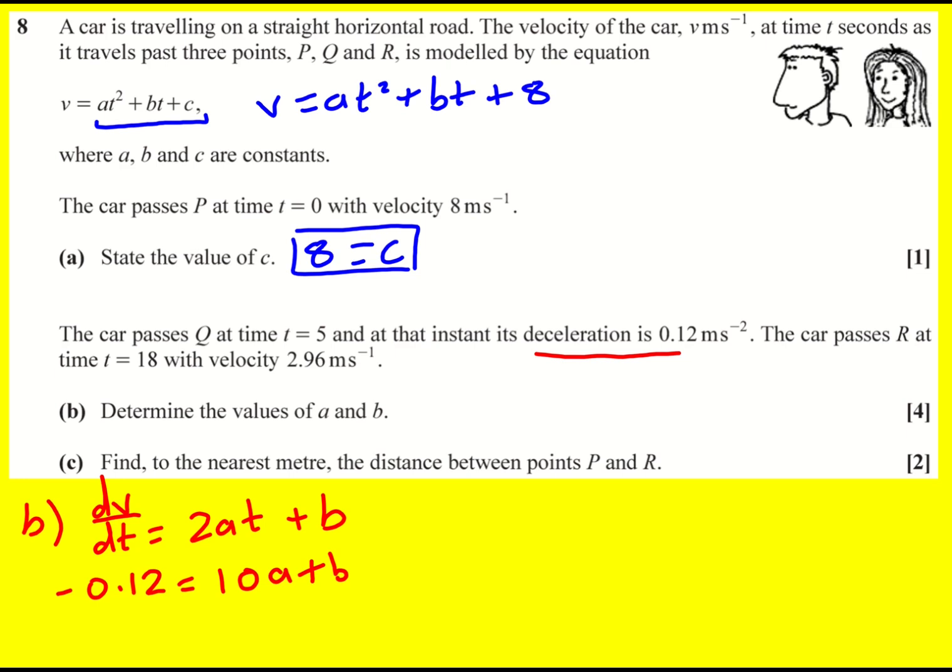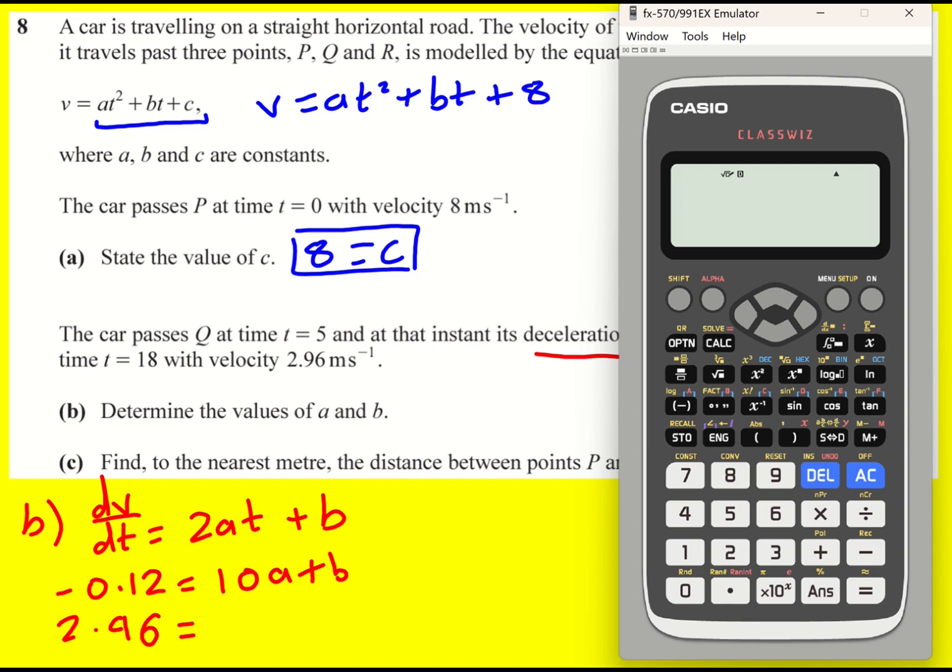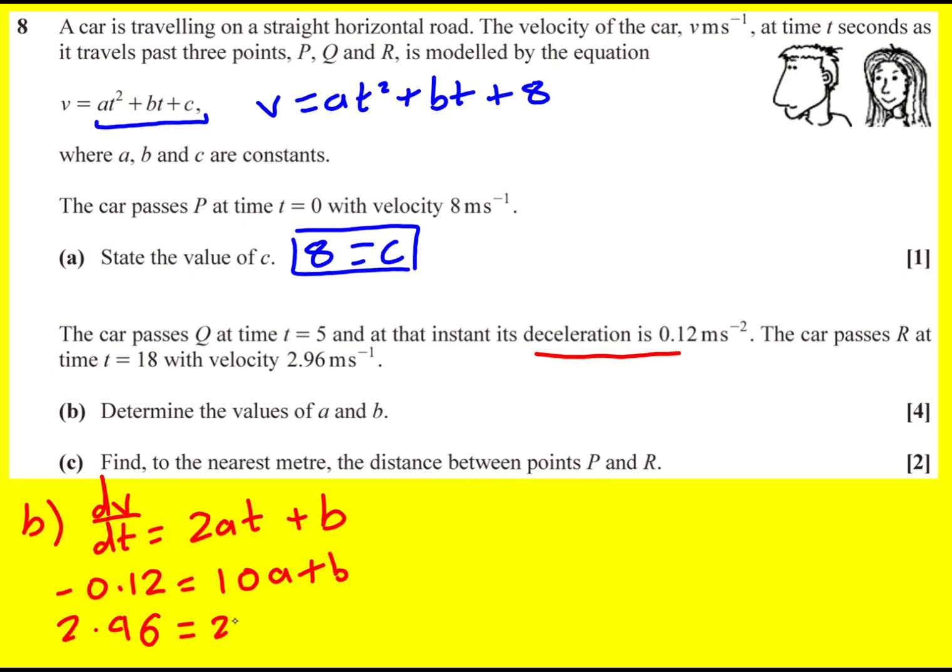And then the car passes R at t equals 18 with velocity 2.96. So 2.96 is going to equal 18 squared, 324, a plus 18b plus 8.